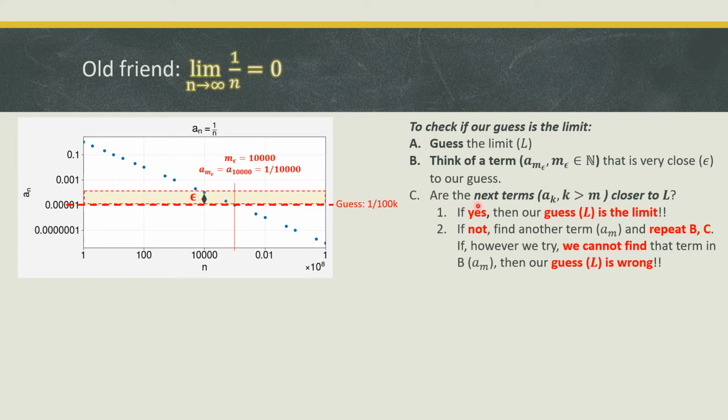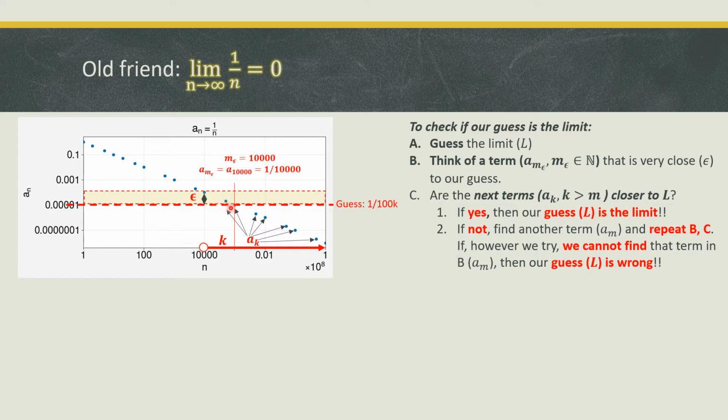And the next question is, are the terms after m sub epsilon, in this case after 10,000, do they get closer and closer to L, which is our initial guess? What that means is that we have to show that for all these k greater than our m sub epsilon, which is 10,000, all the a sub k's must get closer and closer to our guess, 1 over 100,000.